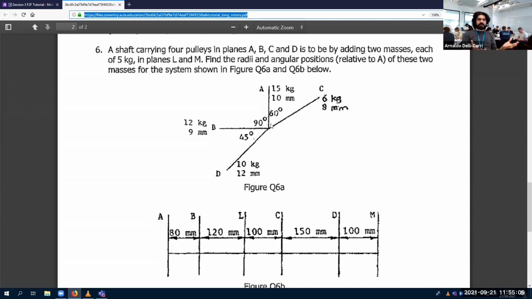Let's choose A because it's the first. So if A is 0, B is 90 degrees, D is 135 degrees, and C is 90 plus 45 plus, so it's basically 360 minus 60, which is 300. Okay?